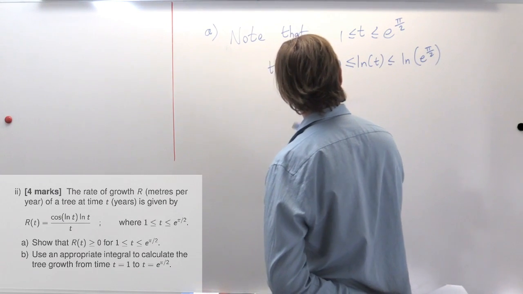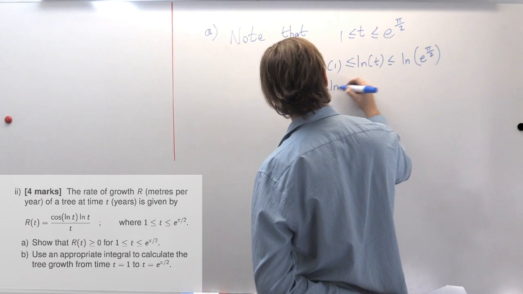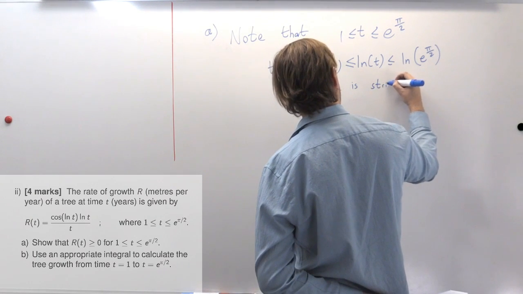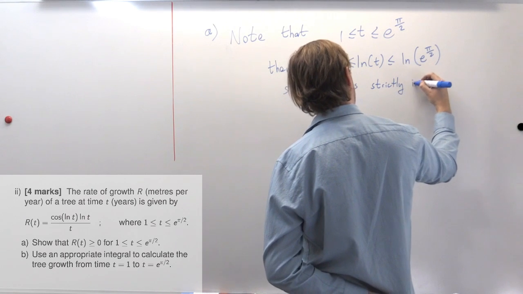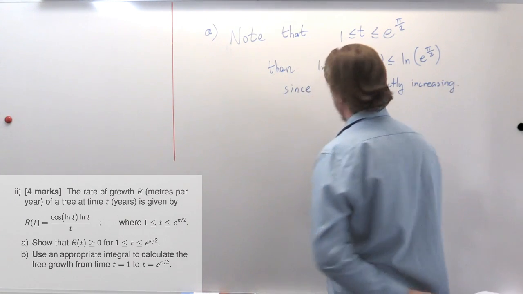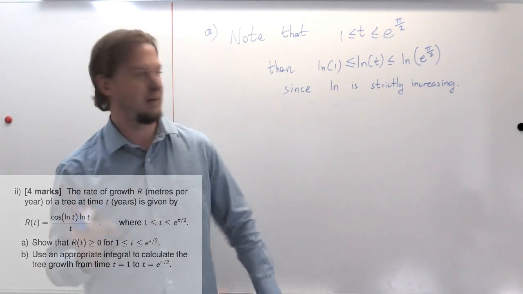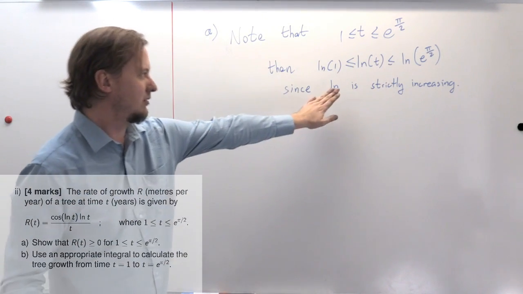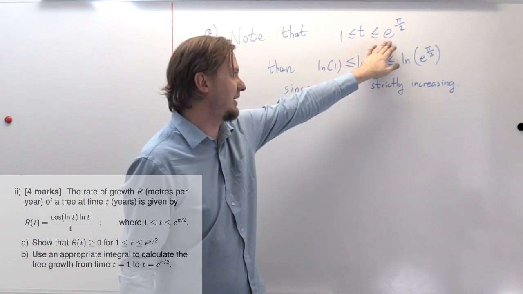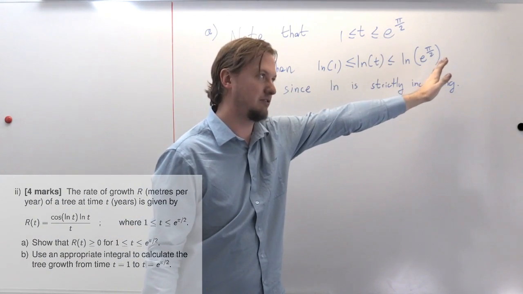And I might give a reason. This is since log is strictly increasing. It's what we call a monotonic function. It only goes in one direction. In this case, the log function is strictly increasing. So things that came later, log says they're later as well.